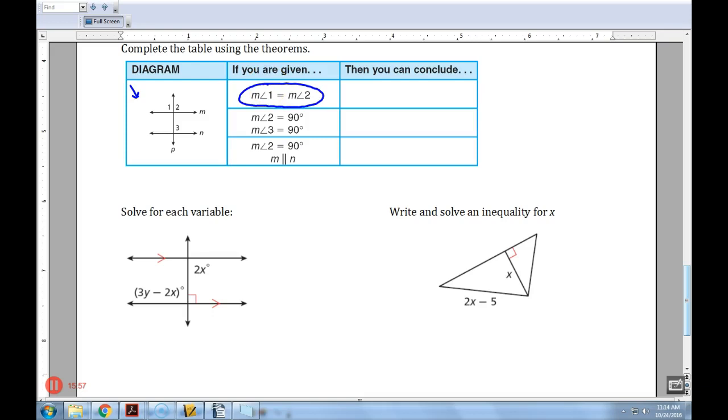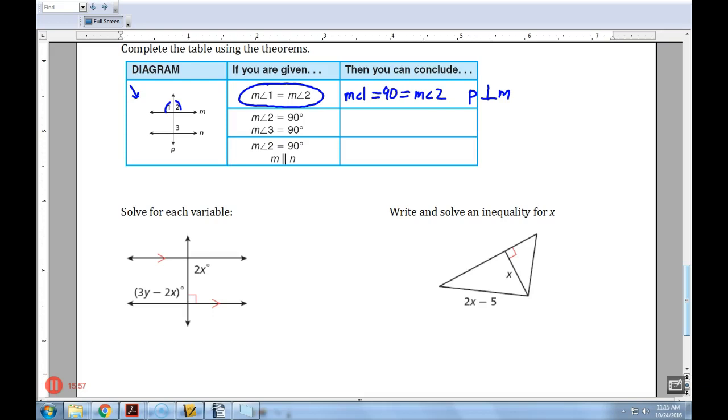Well, that would satisfy the first theorem up above. If 1 and 2 happen to be equal to each other, and they form a straight line, they're a linear pair, then I can conclude that the measure of angle 1 equals 90 degrees, which is also the measure of angle 2. And I also can conclude that P is perpendicular to M. Because if they're both 90 degrees, then P is perpendicular to M. Still don't know anything about N yet.